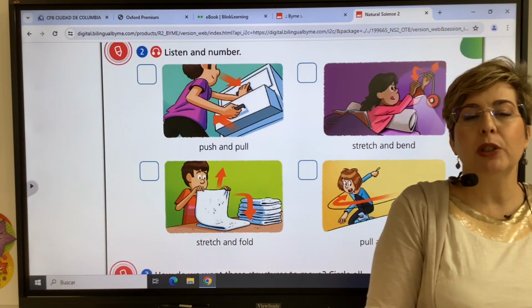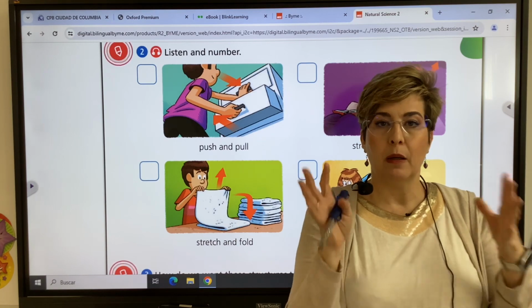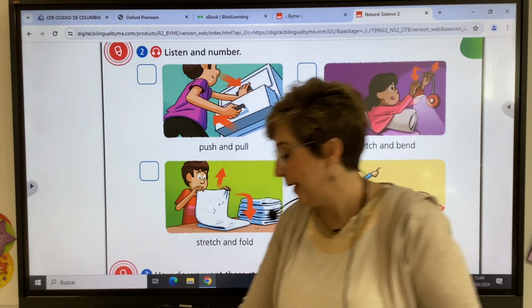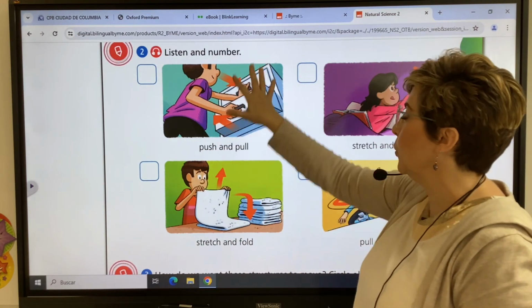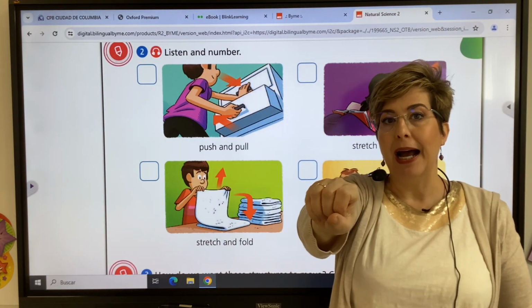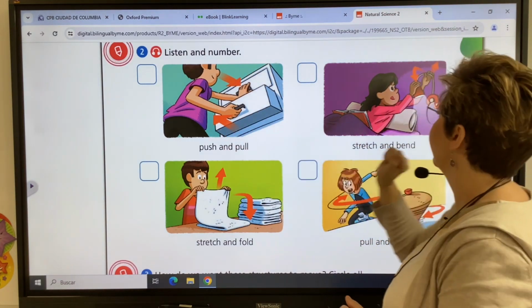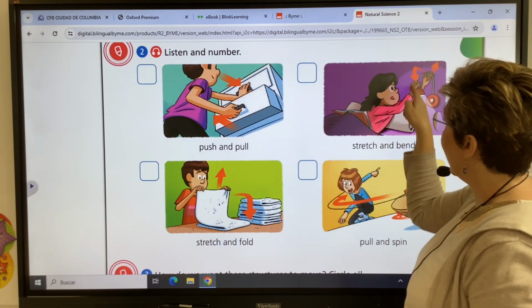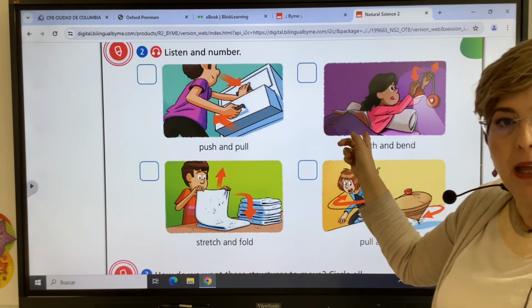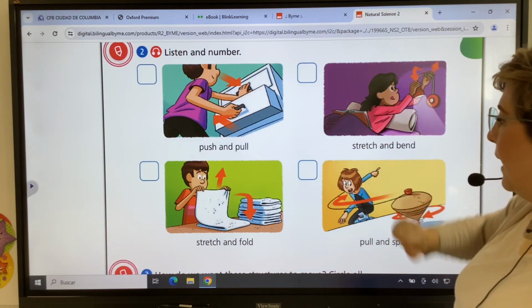In these pictures you have some examples of how we move structures. Here you have drawers: you push a drawer and you pull a drawer. Push, pull. You stretch and bend the wire on the lamp.